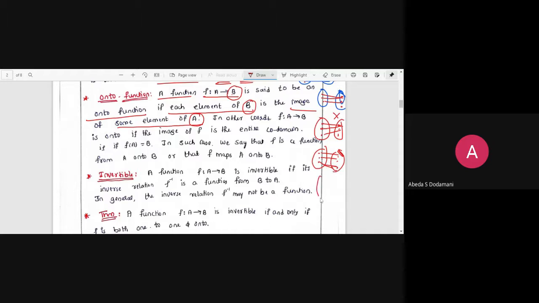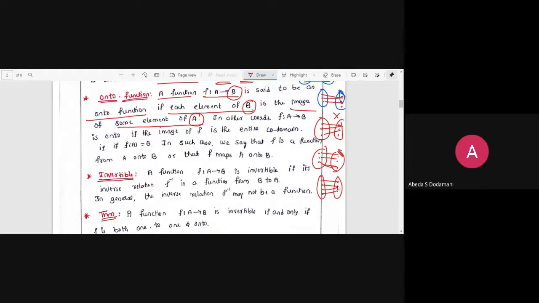So suppose you are having here any element, say 4 elements I have, this is going to here, this is going to here, and this also may be going to this, and this also may be going to this. But I should see that every element of this set B should have at least, each and every element must have image there, at least to some elements, but it should be completed.